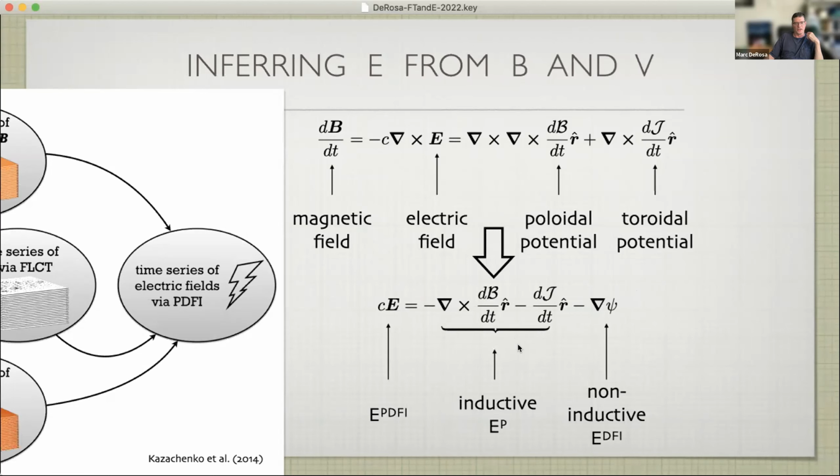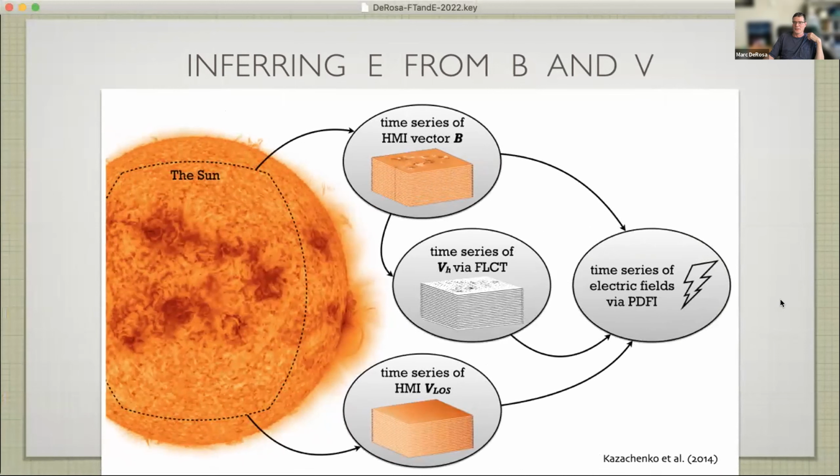Ideally you want to have consistent values of all of these things. Anyway, there are a lot of details associated with the PDFI scheme, which I don't really have time to go into, and there are lots of detailed papers written on this. So I am going to cover these equations back up and move on with the talk.